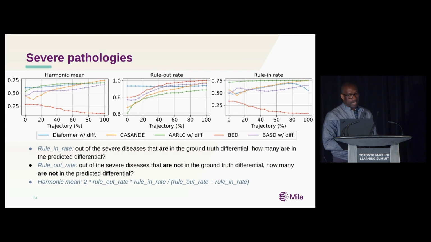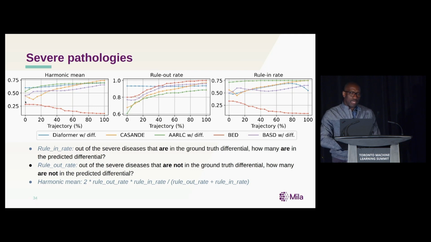Similarly, the rule-out rate tries to capture, out of the severe diseases that are not in the ground truth differential, how many are not in the predicted differential. And we also compute the harmonic mean, a kind of F1 score between the two values.